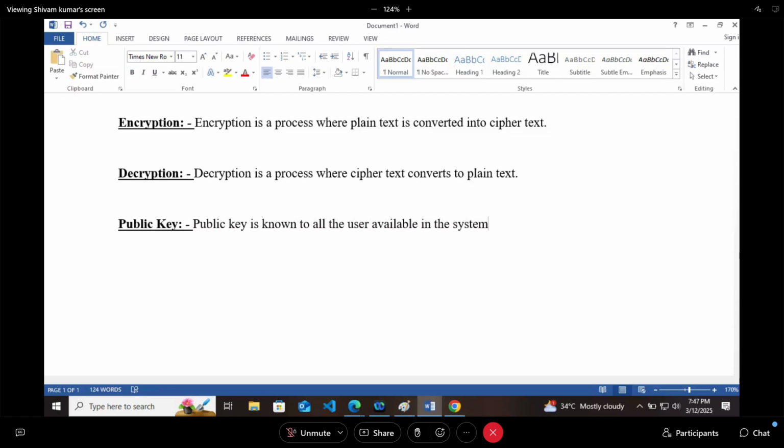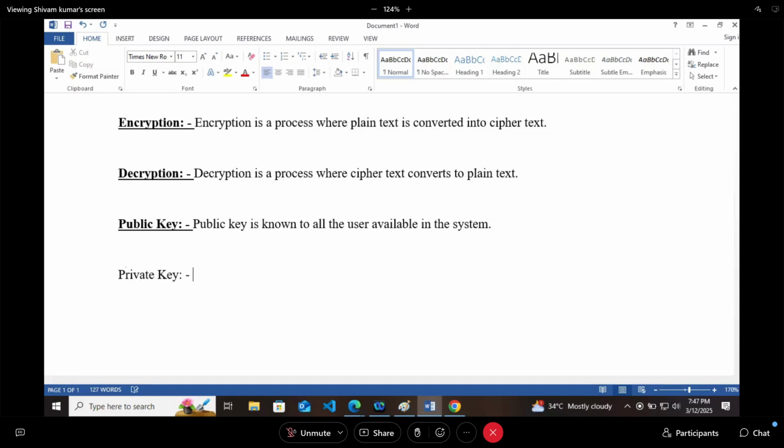Is there any problem in this? No, there is no problem in this, because we have a private key as well.